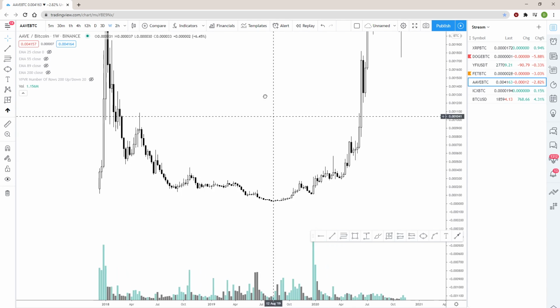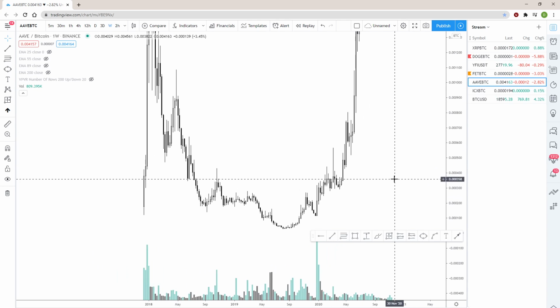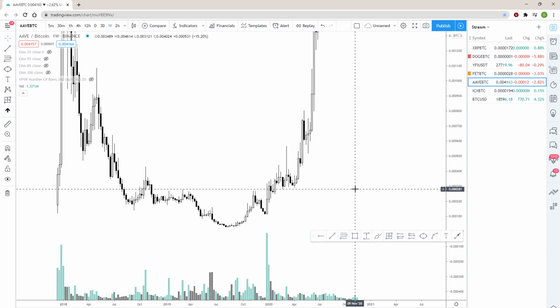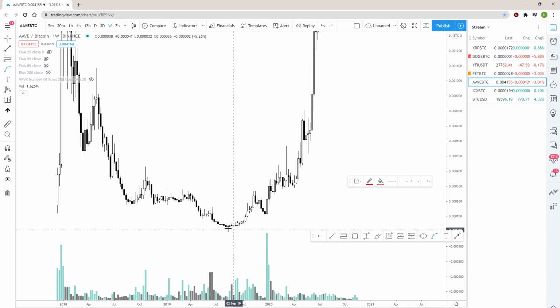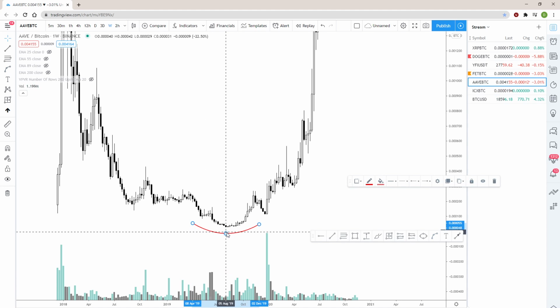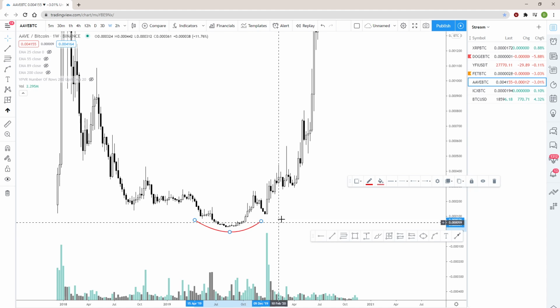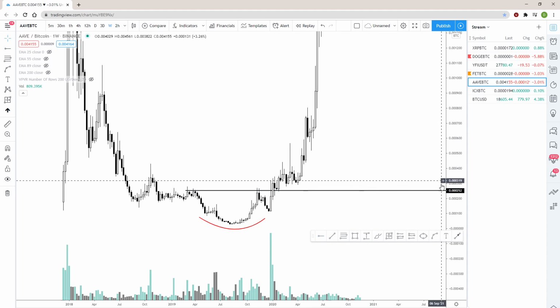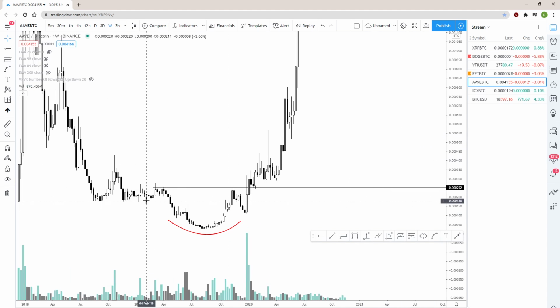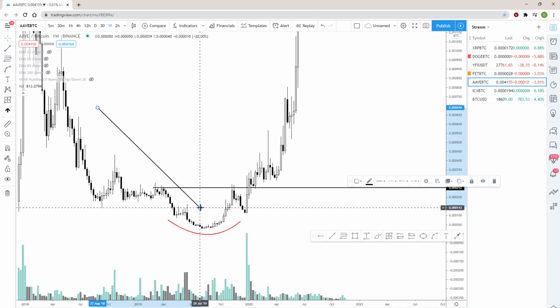And this is an example of a rounded bottom. This is fairly similar to an accumulation bottom. You will see price form this cup and handle like situation, a reversal pattern, where price is in a pronounced downtrend.